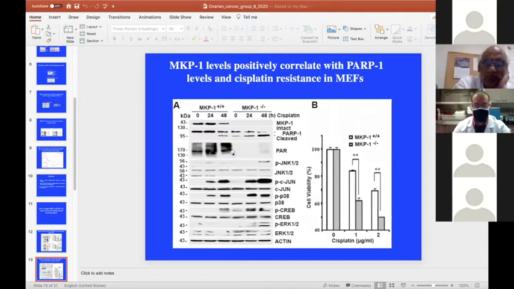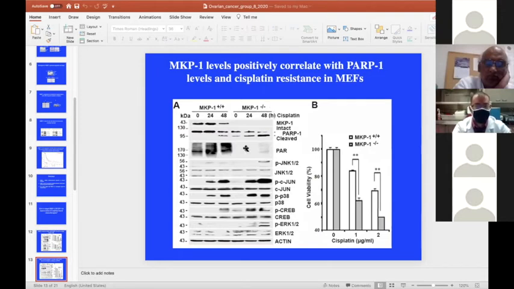Because, as I mentioned, the dogma is that MKP1 only targets the MAP kinases, we then asked whether this effect is mediated through the MAP kinases. First we identify which MAP kinase pathways are involved in this process. So we had these MKP1 knockout mouse embryonic fibroblasts, plus and minus.